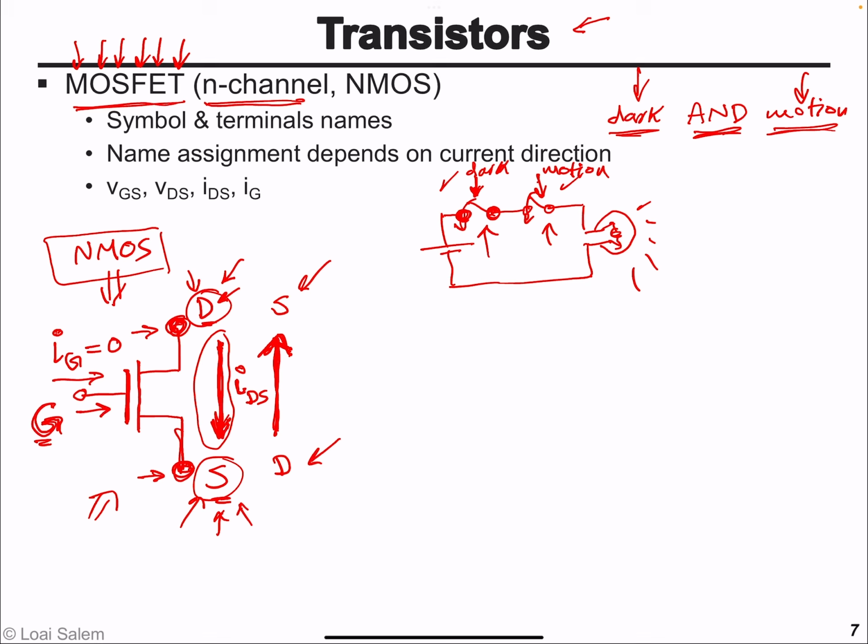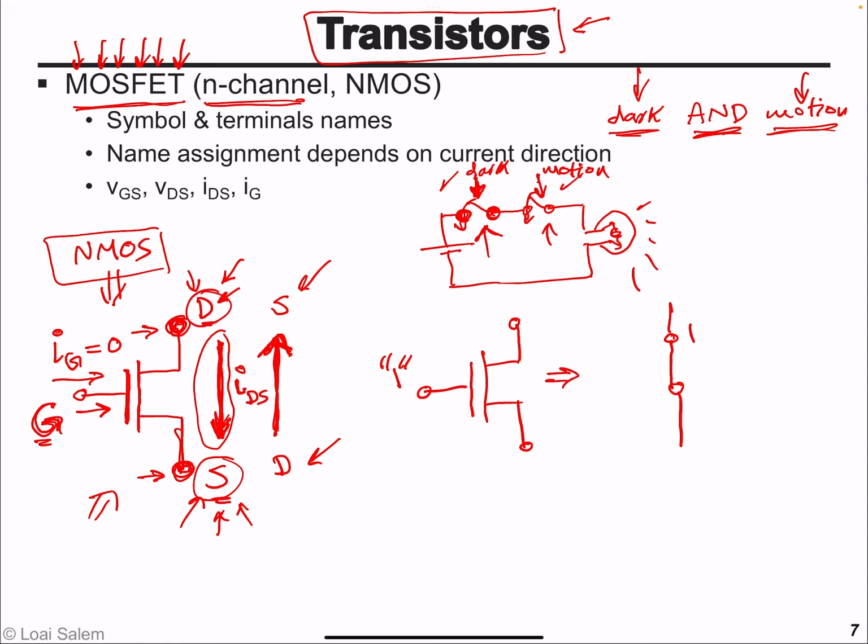Okay, so as I mentioned, what's a transistor at the end of the day? It's basically a switch. When we apply logic 1 at the gate, just as in this example, when the light sensor produces 1 when it's dark outside, this logic 1 essentially is going to turn on the transistor, so it's going to more or less behave as a short circuit, connecting the drain to the source.